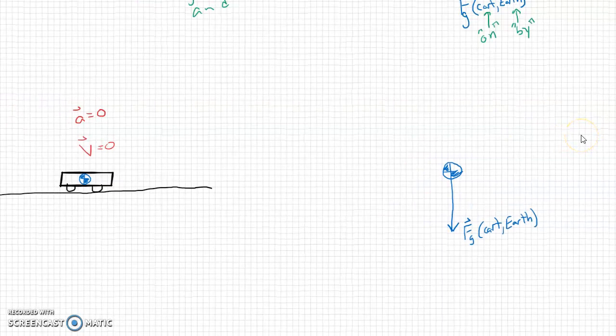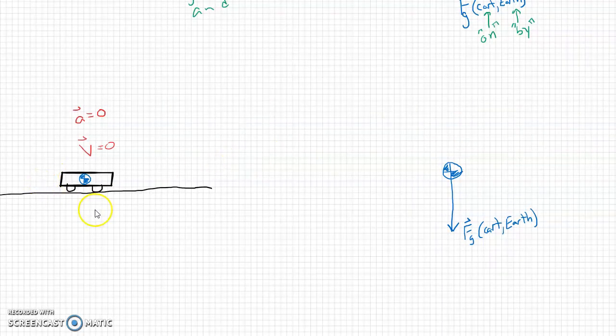All right, next, as I sit here on this horizontal ground, something's going to have to push me up. If there was nothing pushing me up, I'd be falling down. And we certainly understand that putting a cart on a table or the ground, it's not going to just fall down. So we're going to have an upwards force. That was nice and straight.